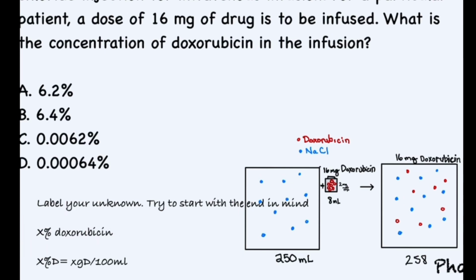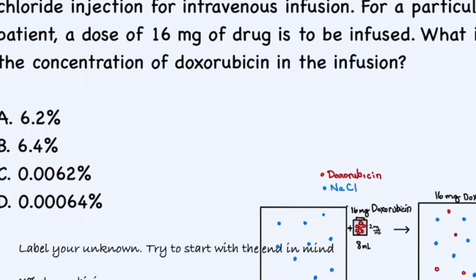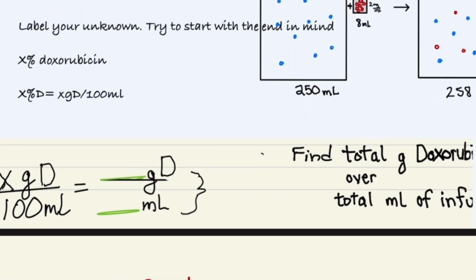Do we want to know sodium chloride? Nope, we only want to know the drug. So another way of saying percent of doxorubicin would be X grams doxorubicin over 100 mLs. We're going to keep that in mind as we go down just a little bit here.